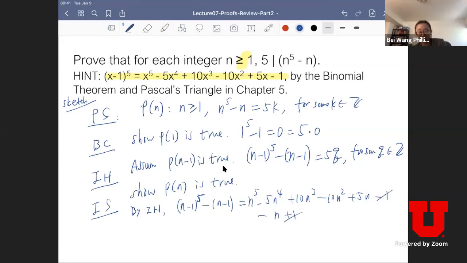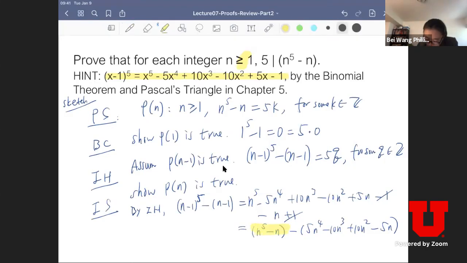Of course, the 1s cancel out together. And what I get here, after some rearrangement on the right-hand side, is n to the 5 minus n minus 5n^4 plus 10n^3 minus 10n^2 plus 5n. Okay, so because what we're looking for is really the expression of this, by the induction hypothesis, we are kind of already there. So if I do some rearrangement, I have n to the power 5 minus n.